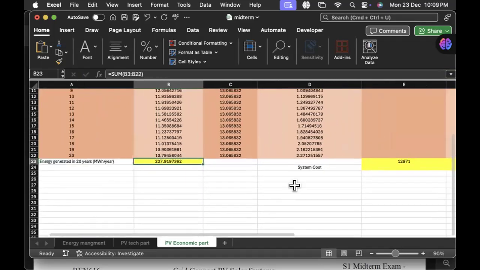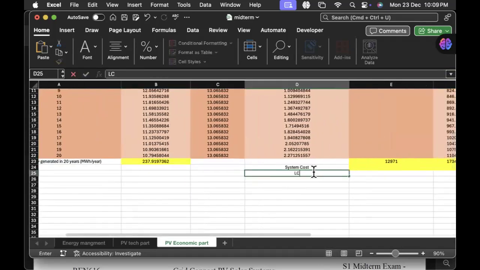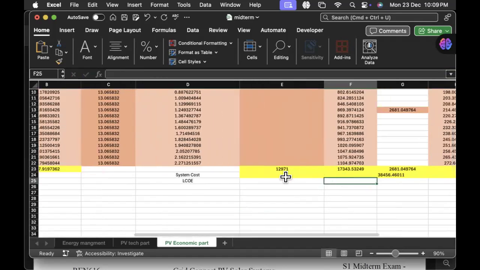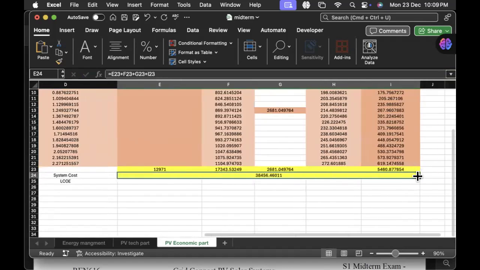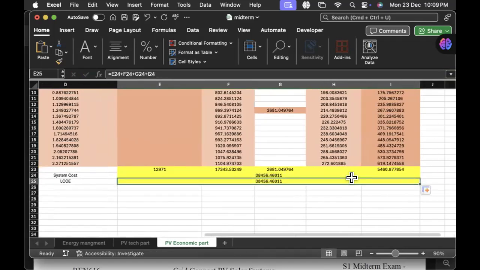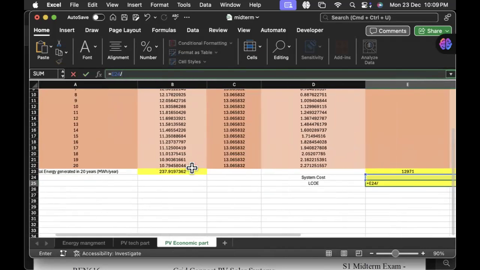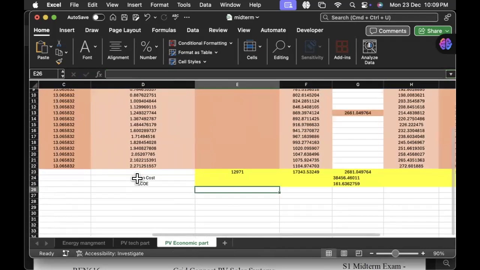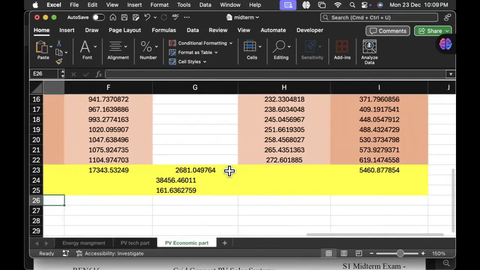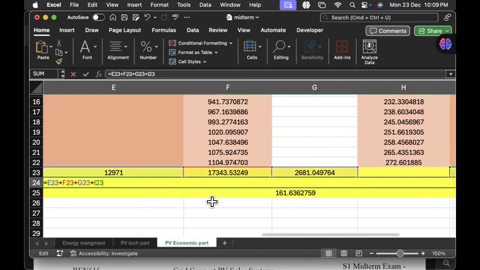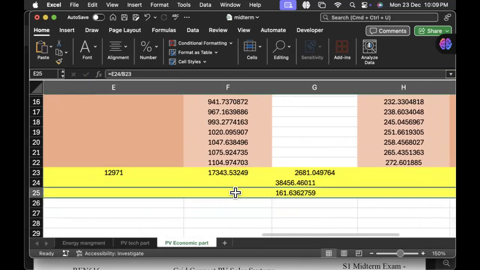So now you can calculate the LCOE. Simply, the LCOE is cost per kilowatt hour. So what we're going to do is to divide this over this. So as you can see here, this is around 160.